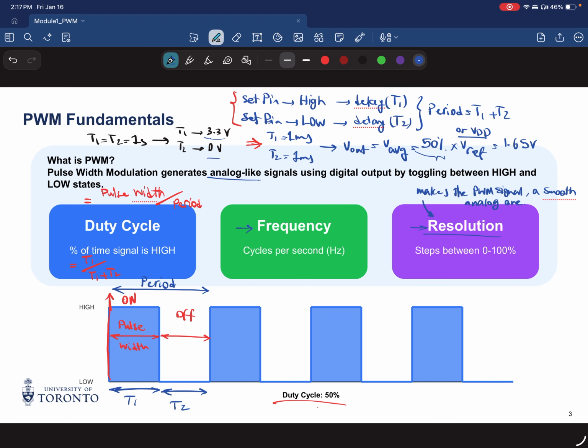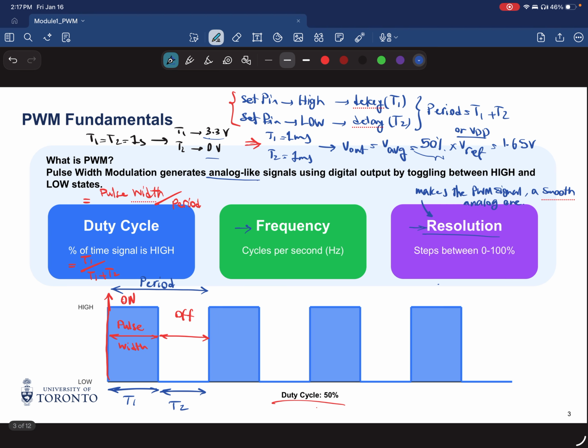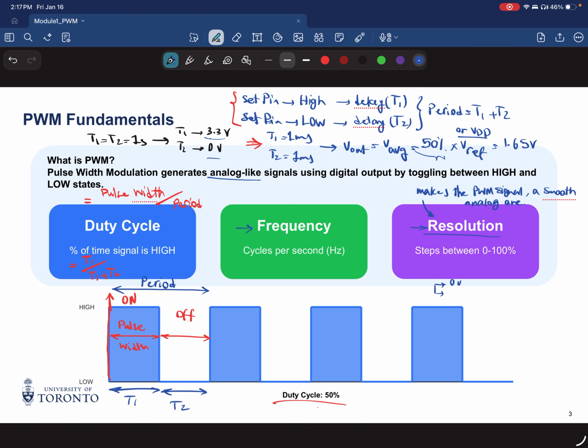Otherwise, if the resolution was low and let's say we only had certain steps like 0 volt, 1 volt, 2 volt going to the output, then the output looks like, imagine a robot. It will look like boom, boom, boom, like certain positions, here, here, here, not like an arm that moves very slowly from here to here.